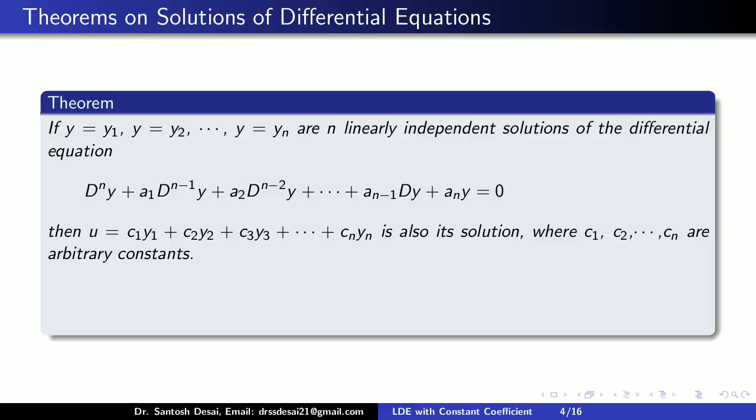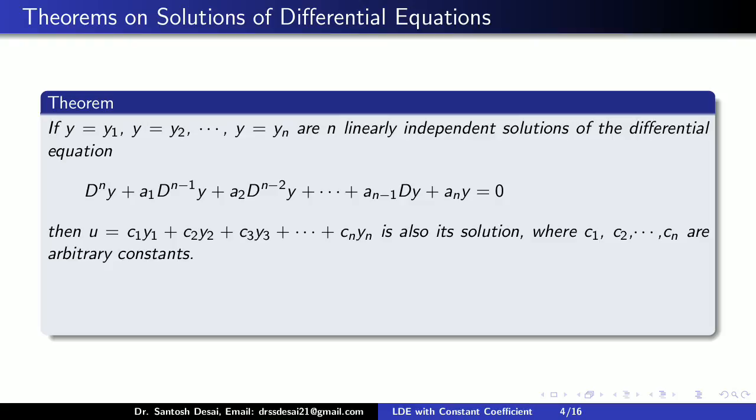So here y is equal to y1 and y is equal to y2 and so on y is equal to yn are the solutions of homogeneous differential equation, that is whose RHS is 0. Then the linear combination, that is c1y1 plus c2y2 plus c3y3 and so on cnyn is also a solution of the same equation.